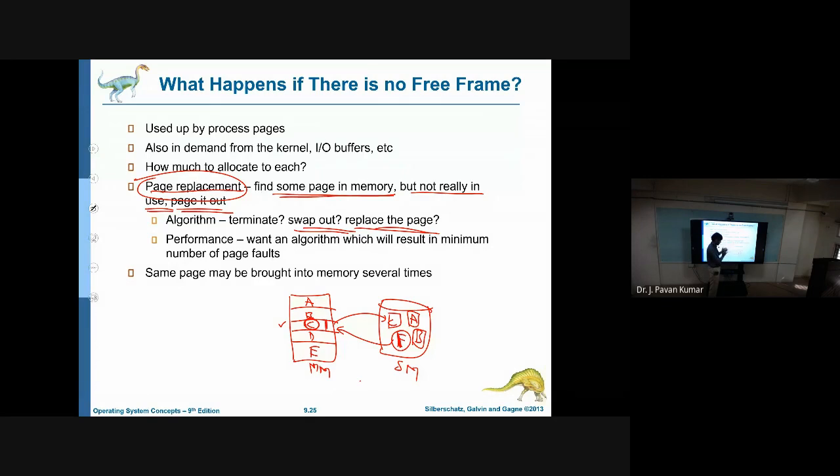Can you visualize? We have several movies, a first movie, a second movie, and so on, 3 movies, and we are playing the first movie, let us say. So the first one will be brought into main memory. Then while playing this first movie, is it present in the secondary memory or not?